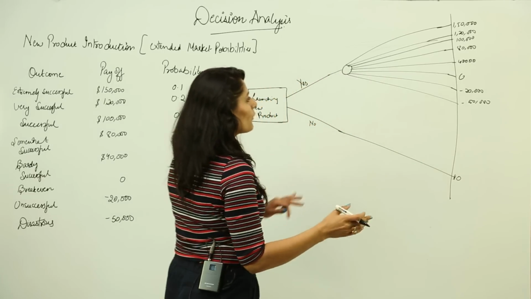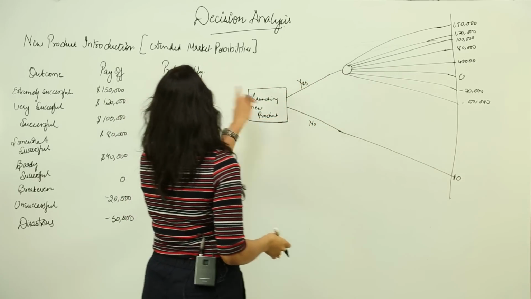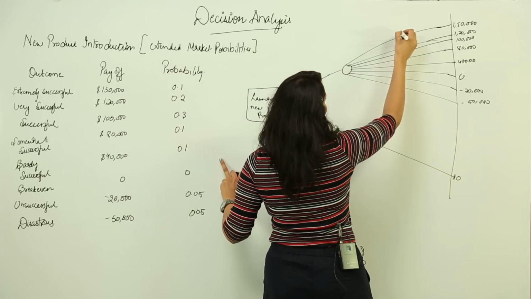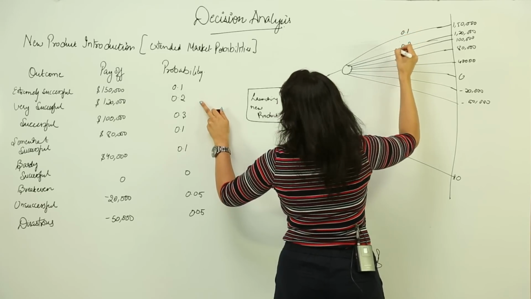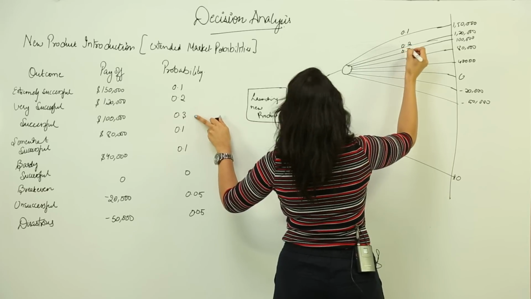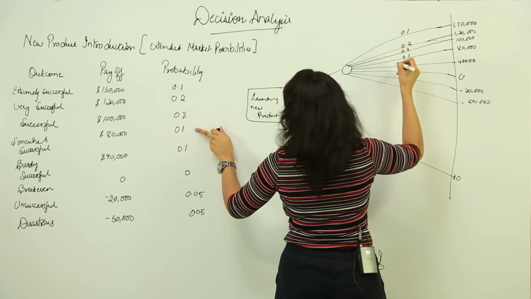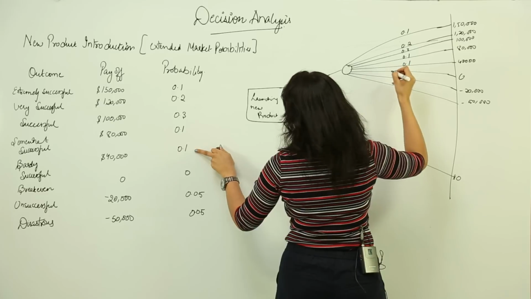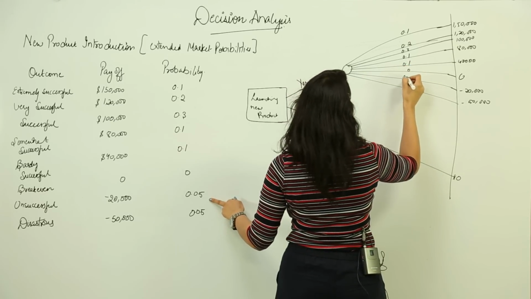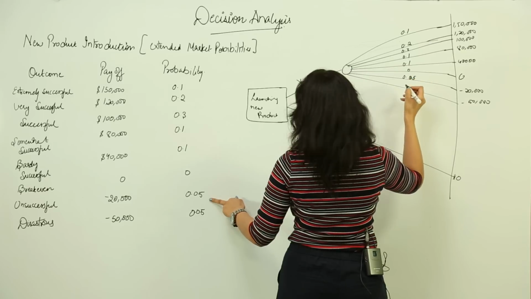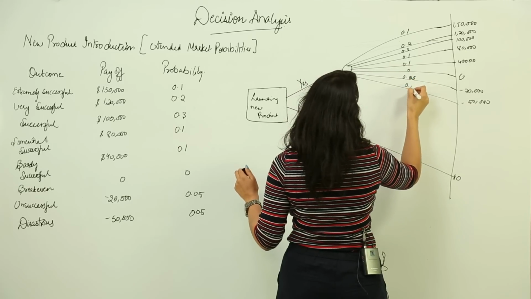Right. So now I am going to write down the probabilities of each, that is 0.1, 0.2, 0.3, 0.1, 0.1, again this is 0 and this is 0.05 and it's again 0.05.